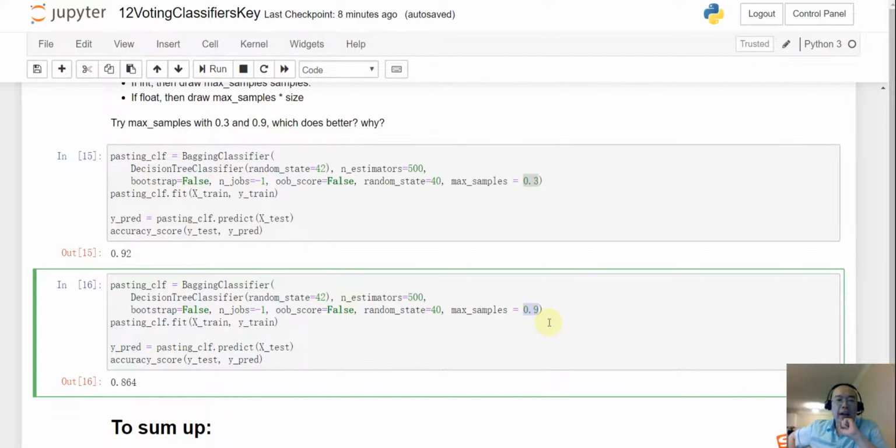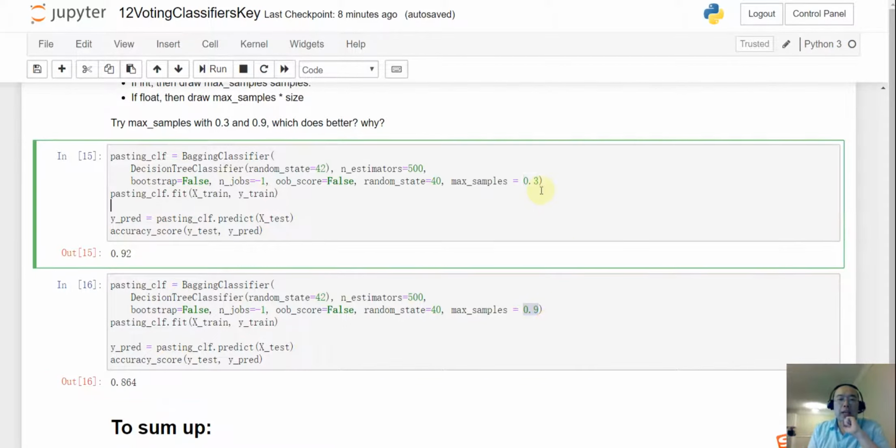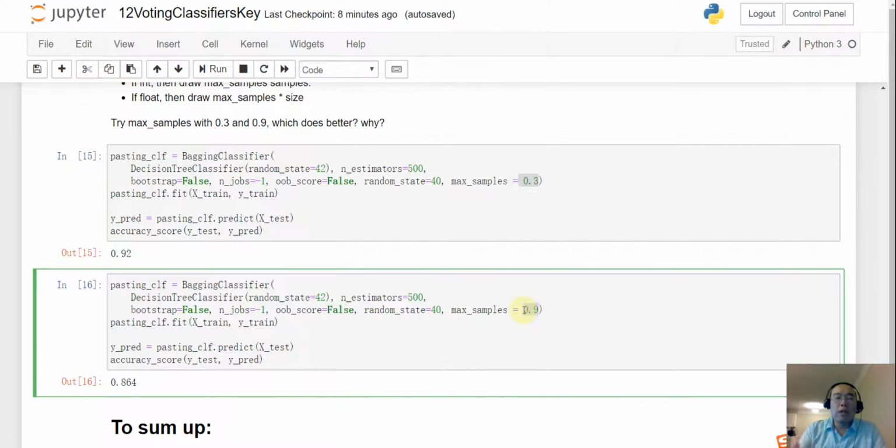This is my answer. By keeping a small portion of the dataset and feeding that into each predictor, we are likely to have independent predictors. If we go to the extreme, with 100%, we have an ensemble, but each one is using 100% of the training set, so they are roughly the same decision trees.